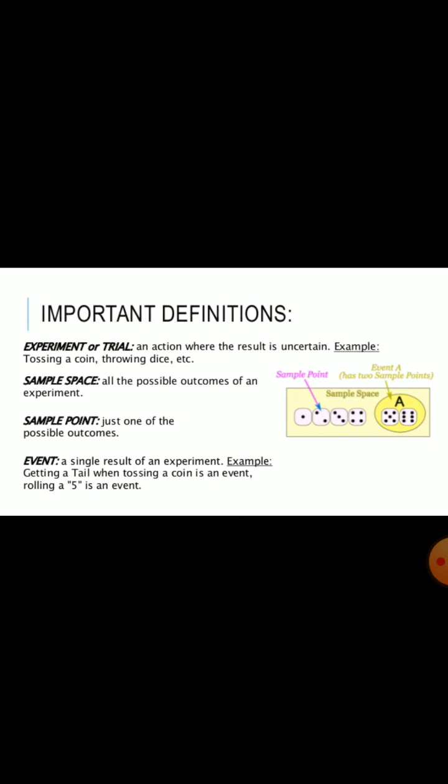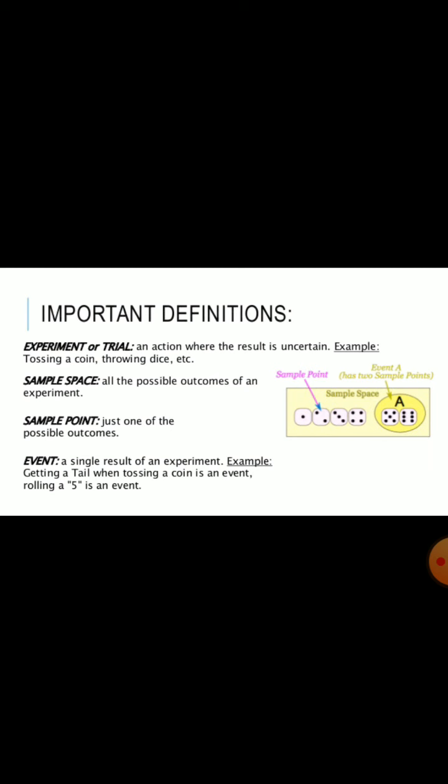Now the second one is sample space. All the possible outcomes of an experiment. Sample space means all possible outcomes of an experiment. Like if we throw a dice and we want 2 as outcome, then the sample space of that will be 2.